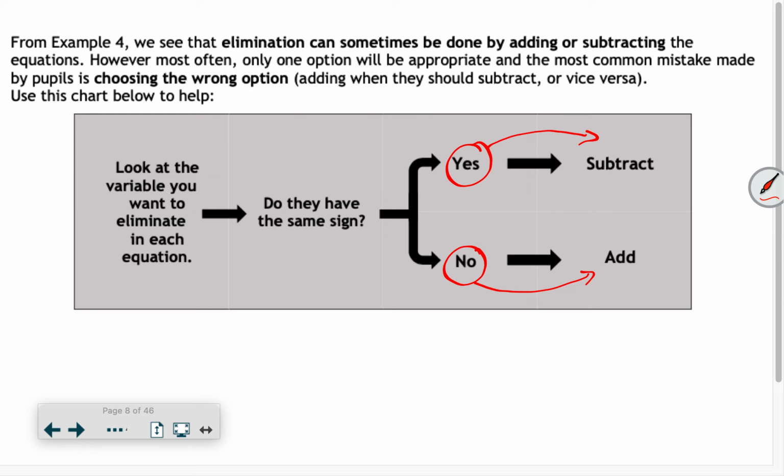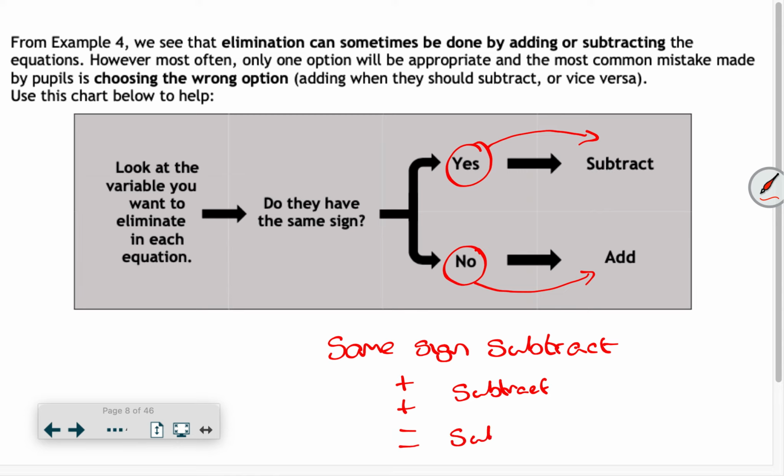I usually just remember this as being same sign subtract. So if you have a plus plus, it means subtract the equations. If it's a minus minus, it also means subtract the equations. If you get a plus and a minus, just add them. That's it.